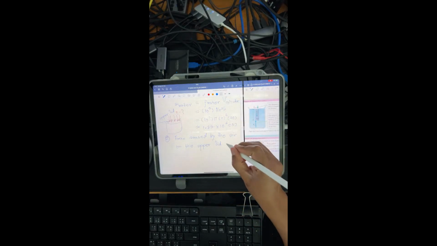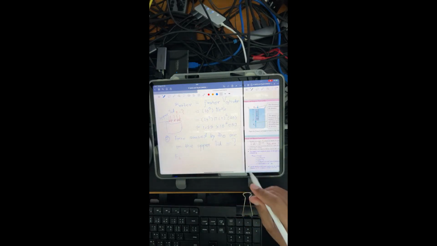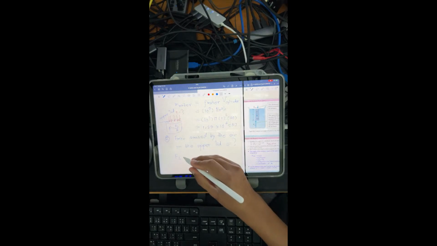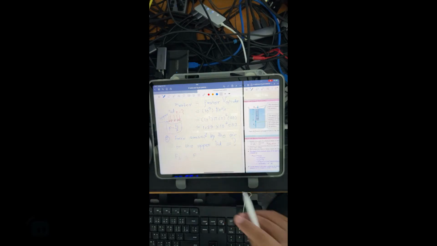So F perpendicular, from the pressure relation, P is F perpendicular divided by A, right? So F perpendicular should be the product of pressure and area.